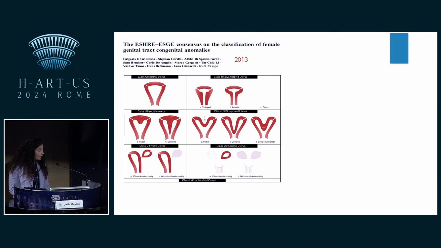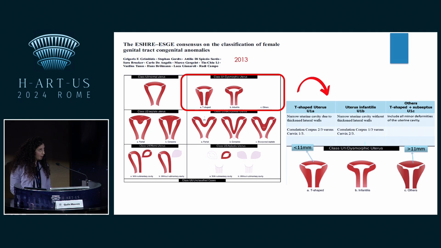In 2013, the ESHRE-ESGE classification recognized the clinical importance of this dysmorphic uterus and includes it, as we said before, in class U1, which is divided into 3 categories: U1a, T-shape; U1b, infantilis; and U1c, the others.